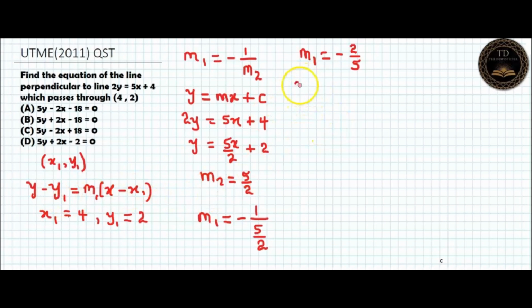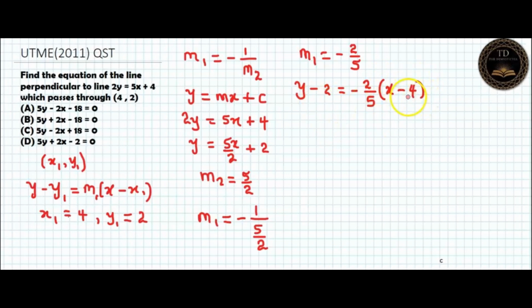So we have now that y minus y1, which is 2, is equal to m1, which is minus 2 over 5, into x minus x1, which is 4.